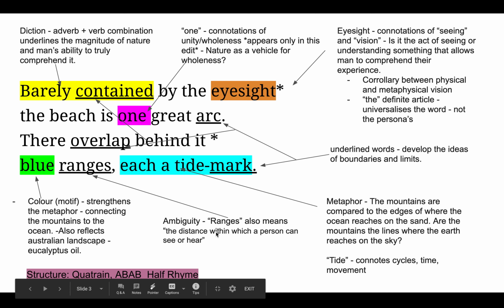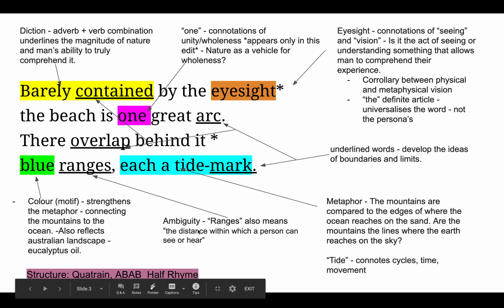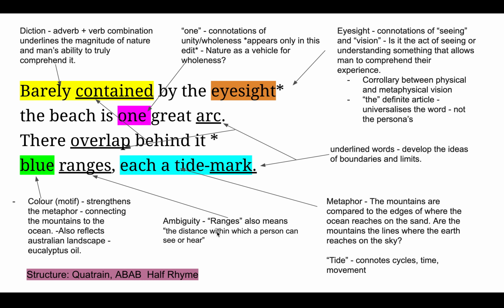So the range of pitch, the range of eyesight. So again, it has that connection to this idea of, is it our experiences in nature that allow us to understand ourselves and the world, and to what extent does our ability to see or to experience it impact our ability to understand or truly connect with nature.